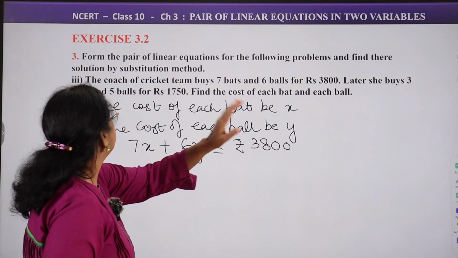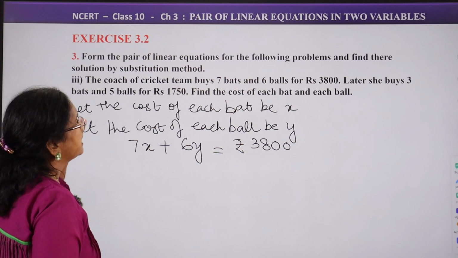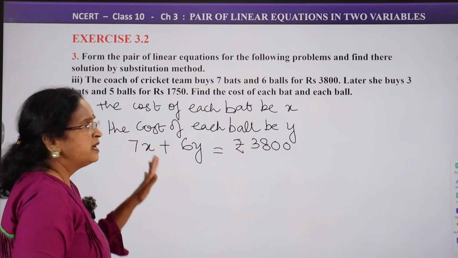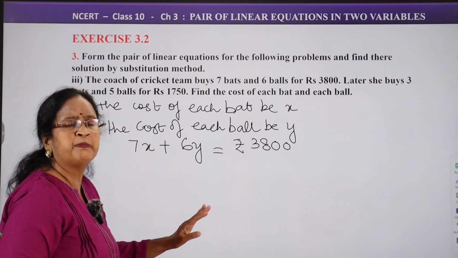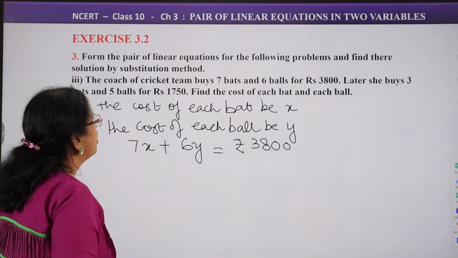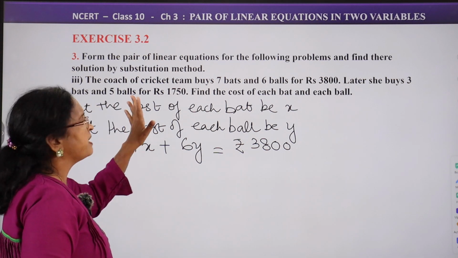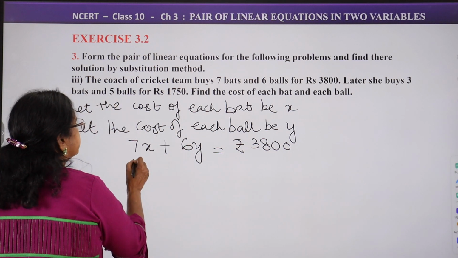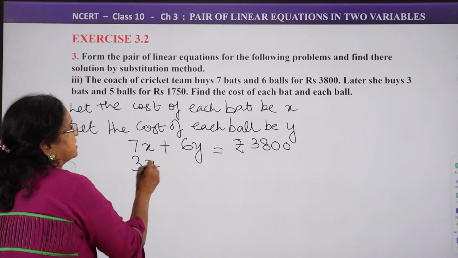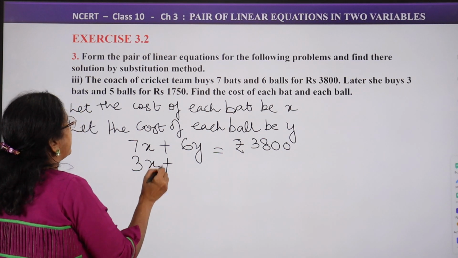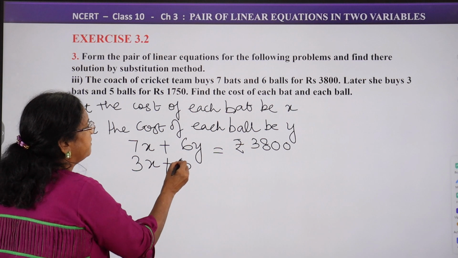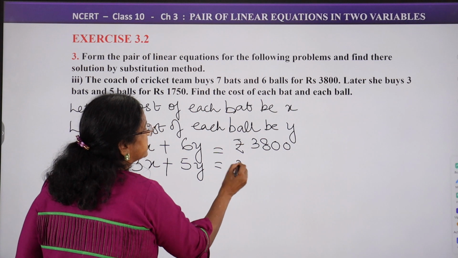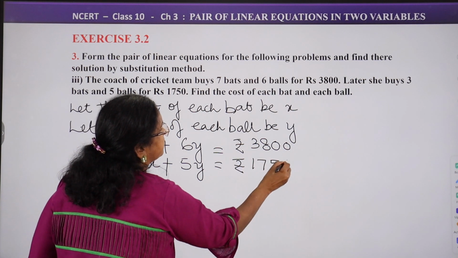Coming to the next statement. Later, she buys 3 bats. So 3 bats means 3x, and plus 5 balls. 5 balls means 5y. So 3 bats and 5 balls for rupees 1750. 3x plus 5y for how much? 1750.